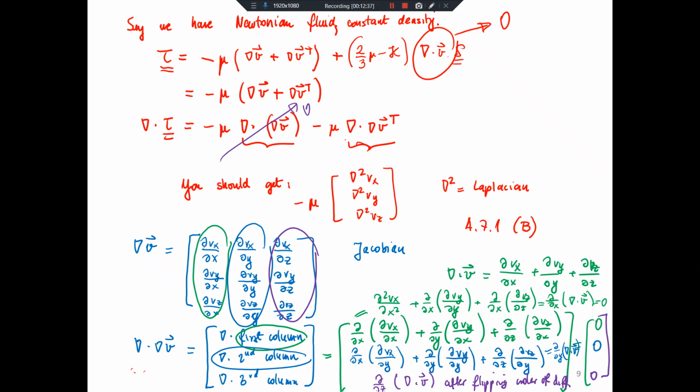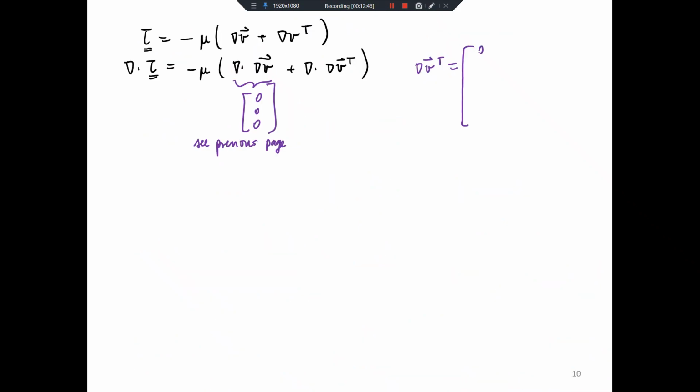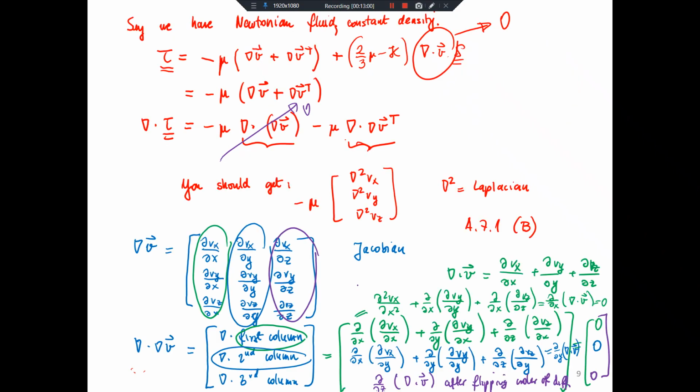So in the first row, I will have the partial derivatives with respect to x of vx, vy, and vz. And then in the second row, what was my second column will become the second row. So now in the second row, I will have the partial derivatives with respect to y of vx, vy, and vz.